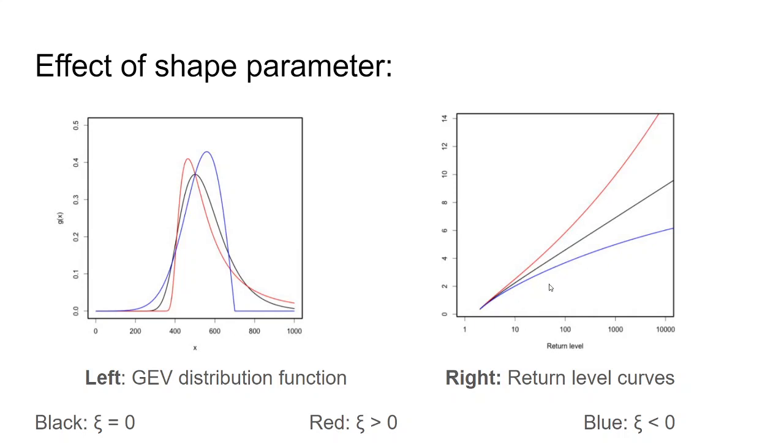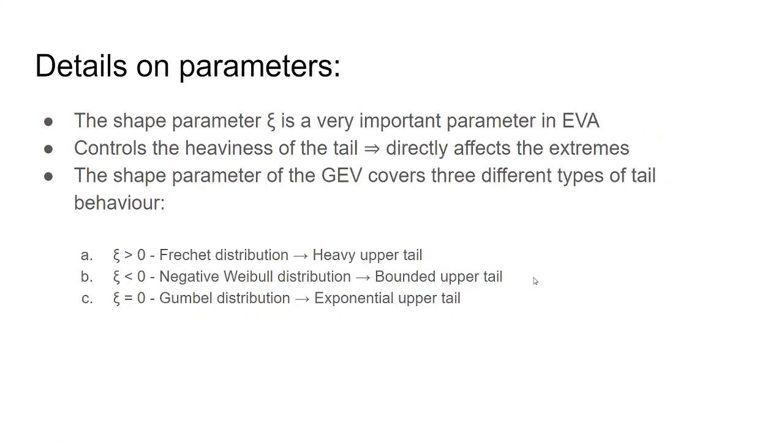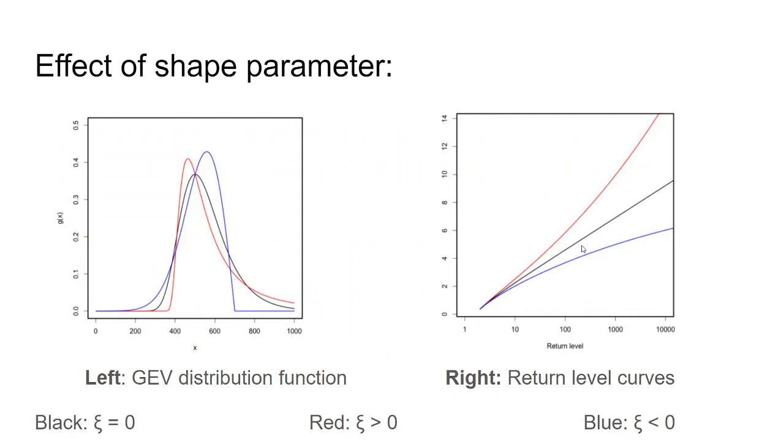So the blue line corresponds to the Weibull distribution, the black line to the Gumbel distribution, and the red line to the Fréchet distribution. This is the graph for the return level curves for a GEV distribution function.